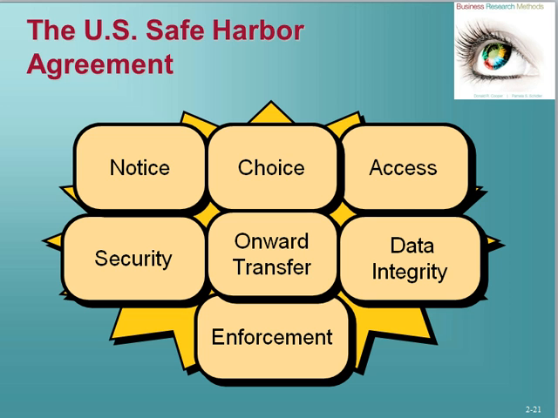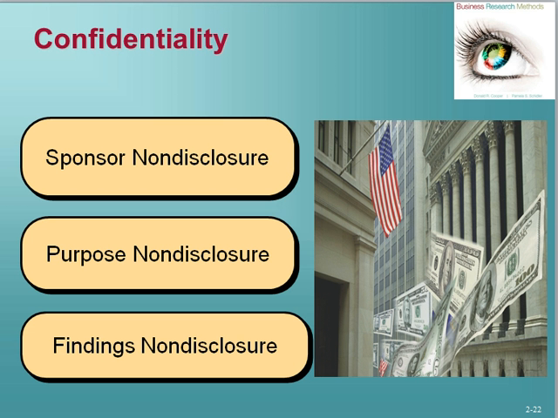And number 7, enforcement. Companies must ensure there are readily available and affordable independent mechanisms to investigate any consumer complaints. Confidentiality is an important aspect of research ethics.